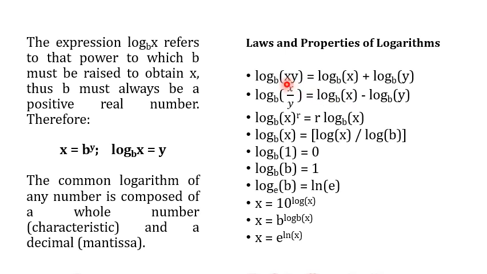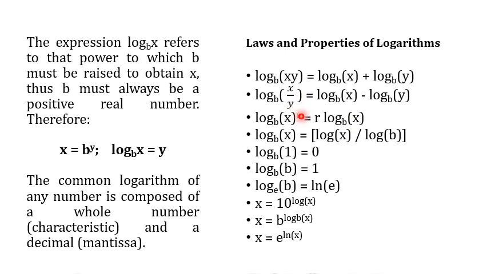If you have division, log of x over y base b, you will subtract: log x base b minus log y base b. Here we have log of x raised to r base b is equal to r log x base b.